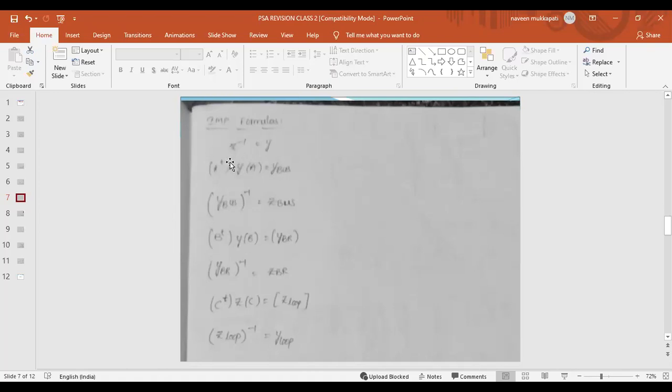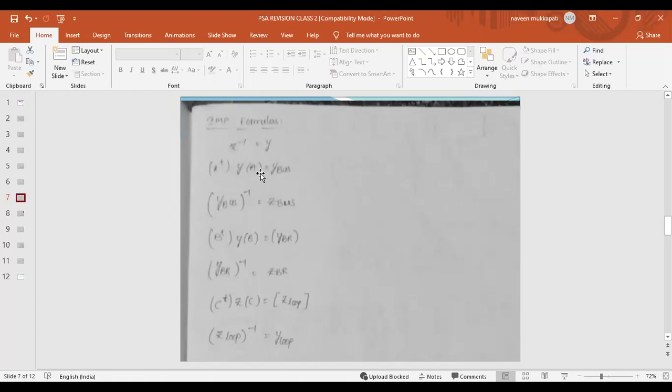After that we calculate the A matrix and the A bar matrix, and also A conjugate. Then we multiply A conjugate Y into A, and we obtain the Y bus matrix.